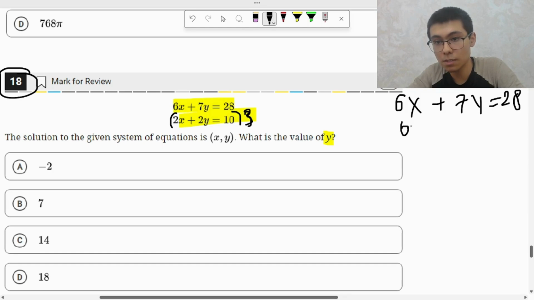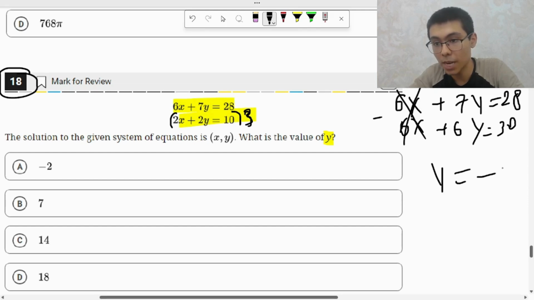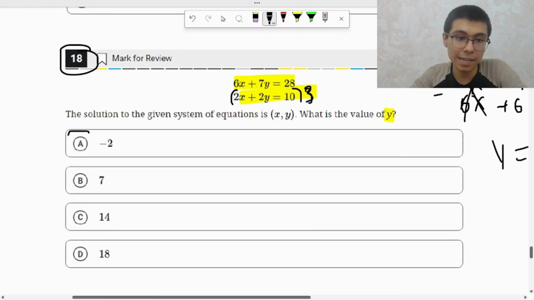Second one: 6x plus 6y equals 30. Then I'm going to subtract this one. So these are out and y equals minus 2, because 28 minus 30 is minus 2. So the answer is A.